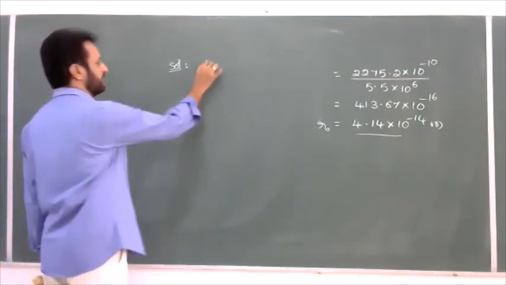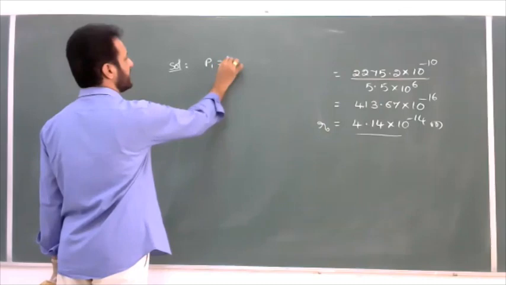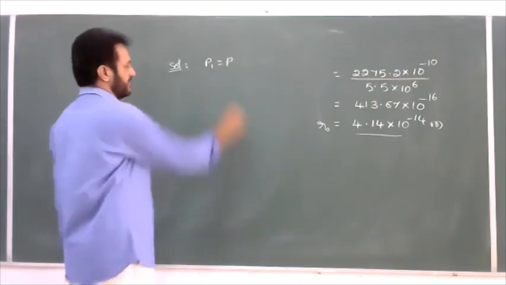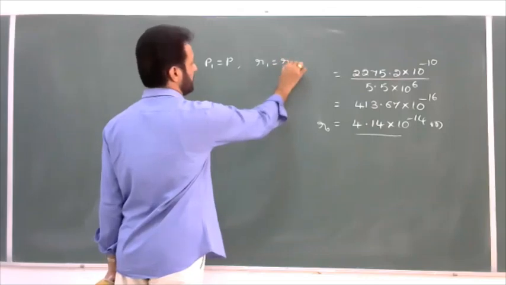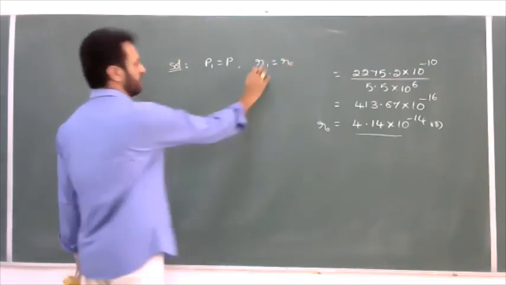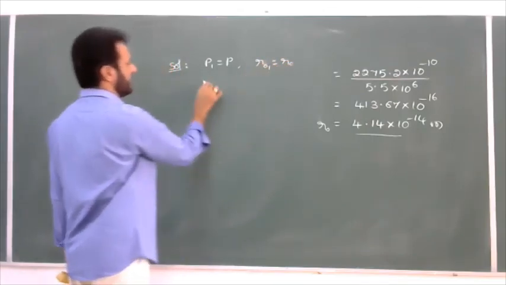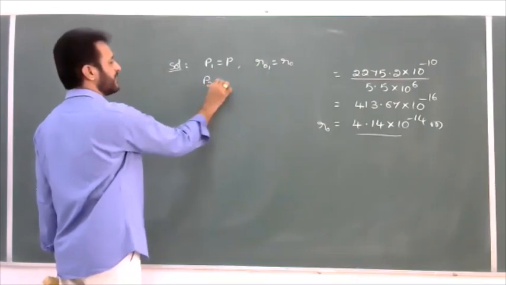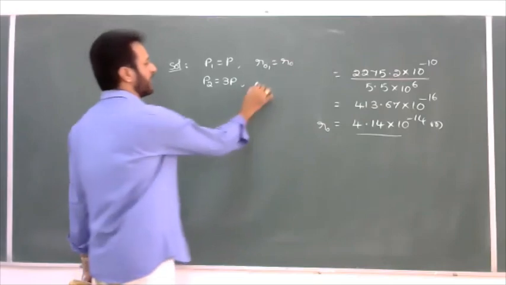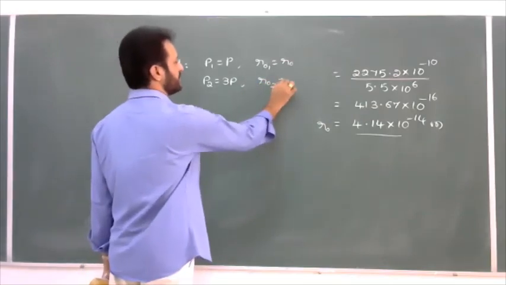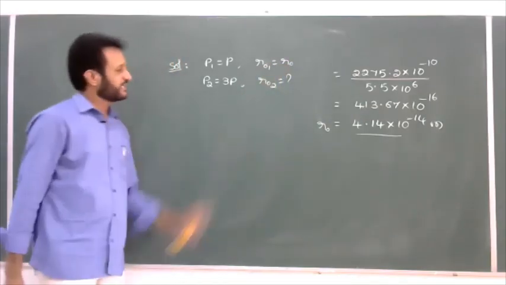Initially, I'll take momentum of alpha particle P1 is equal to P, and distance of closest approach, I'll take R1 is equal to R0. And the next momentum of alpha particle is tripled, that is equal to 3 times, 3P. Then what happens to the distance of the closest approach? Question mark.